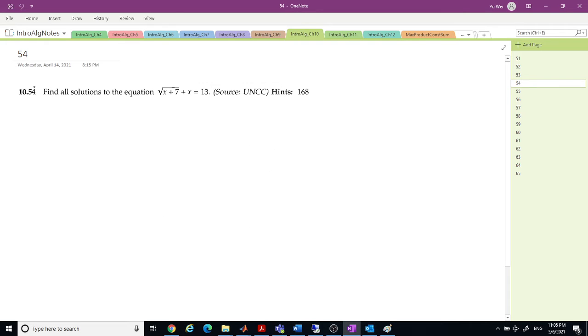So find all solutions to the equation of this. Okay, the first. Let's do x plus 7 equals 13 minus x. So what we need is, we know this one should be greater than 0, right?